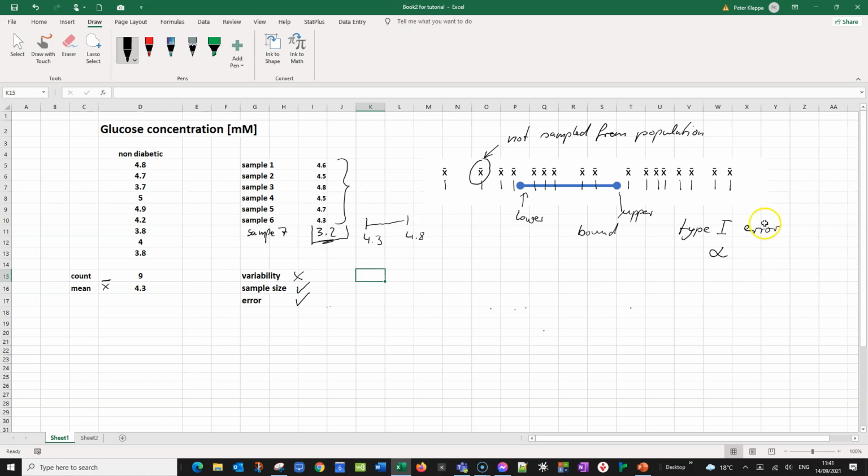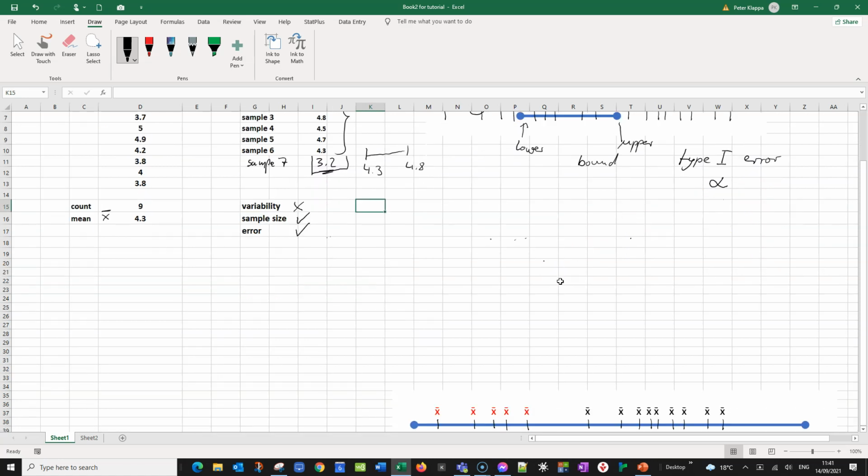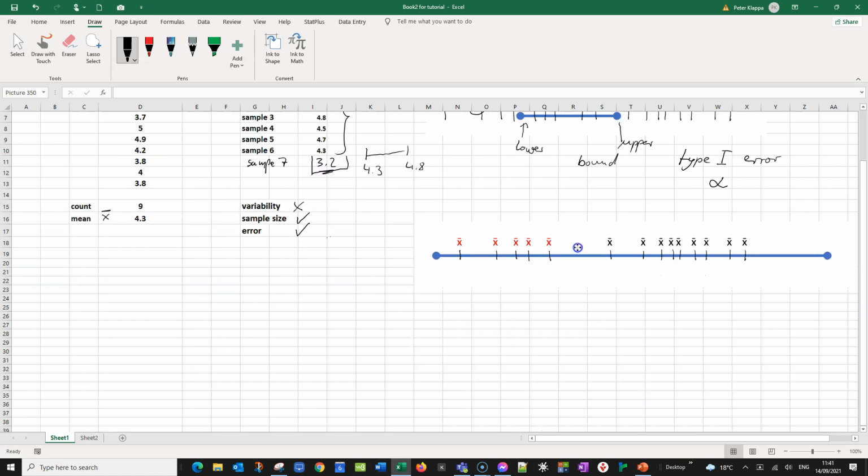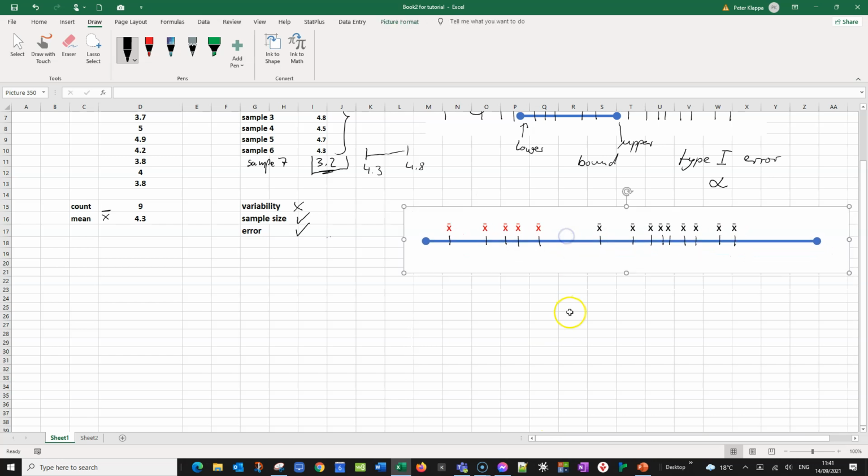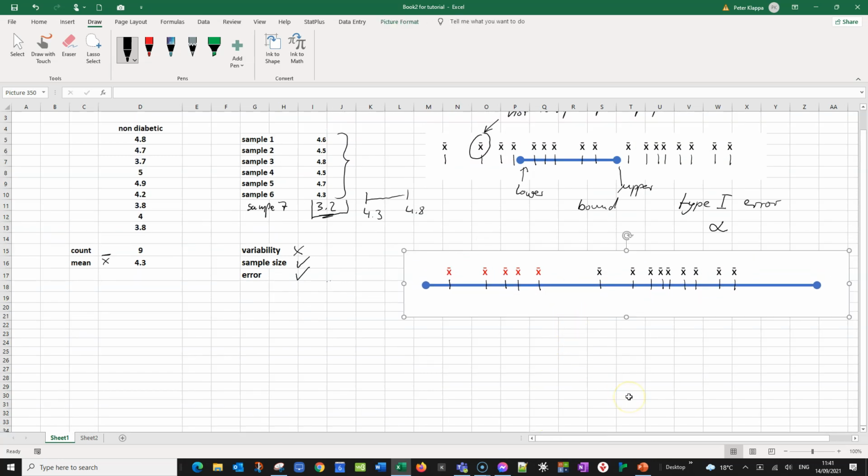And obviously you can guess there will also be a type 2 error. The type 2 error is when we make the confidence interval too large. So type 1 error is the confidence interval too small.